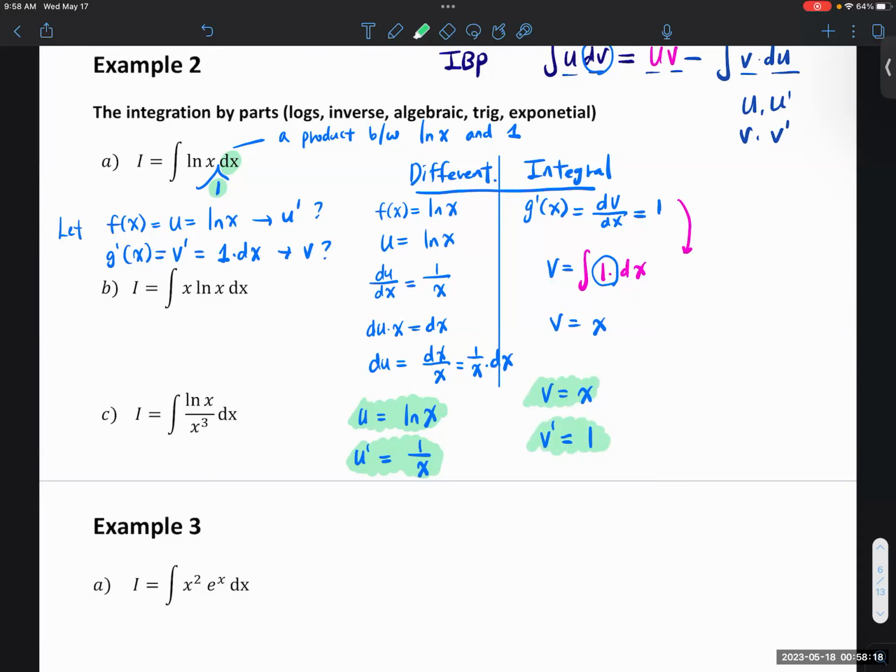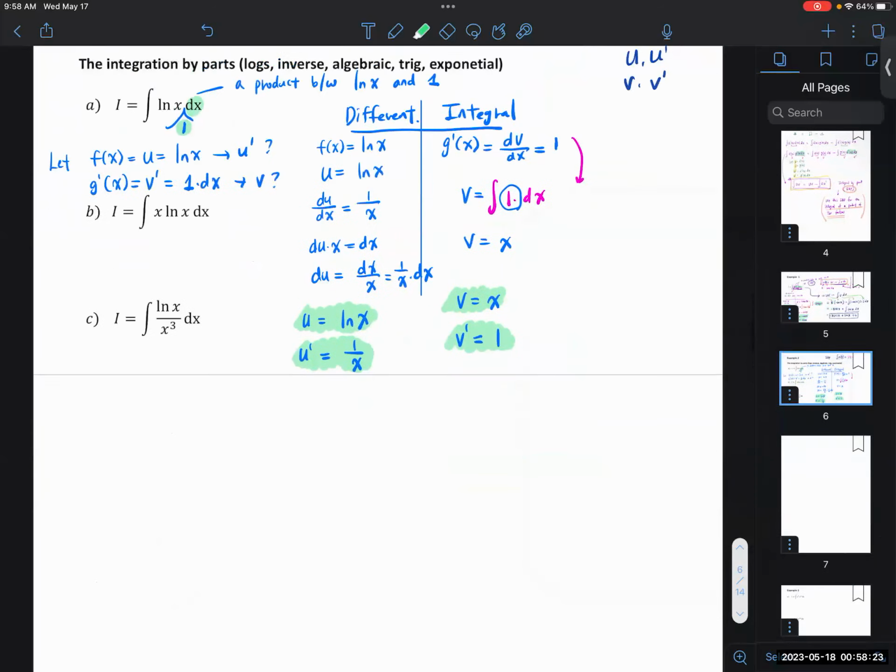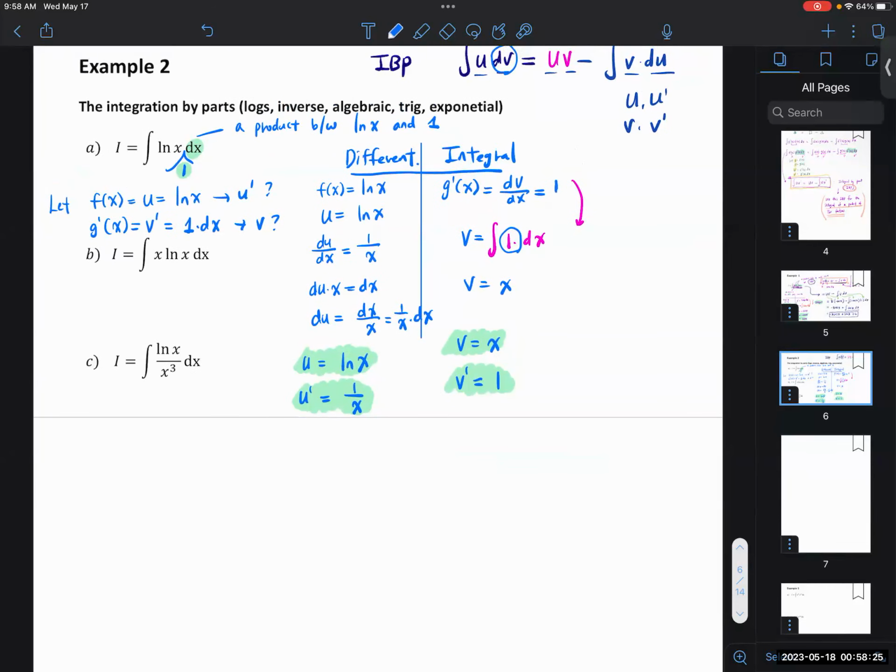So therefore, what happened? I'm gonna make a space. From there, we can find out the integral of ln x dx equals uv minus the integral of v du according to IBP.